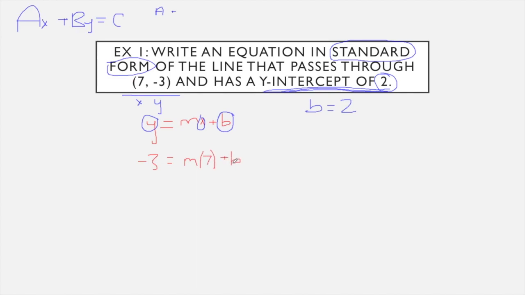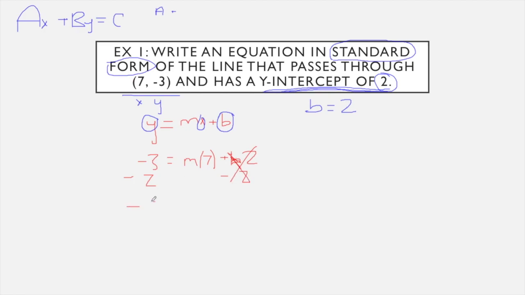So how do you start? Plug in everything you know. From here we know we need to solve for m. Oops, this should be a 2, not a b. This is a +2. From here, we plugged everything in. We want m by itself. So let's subtract away the 2 from both sides. This goes away.